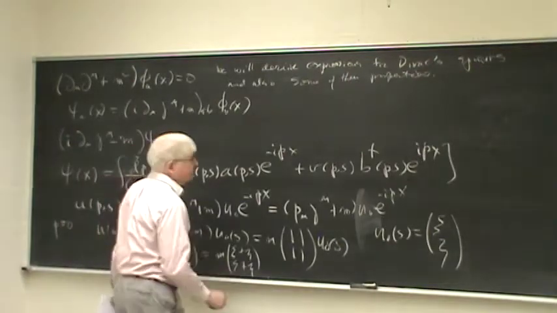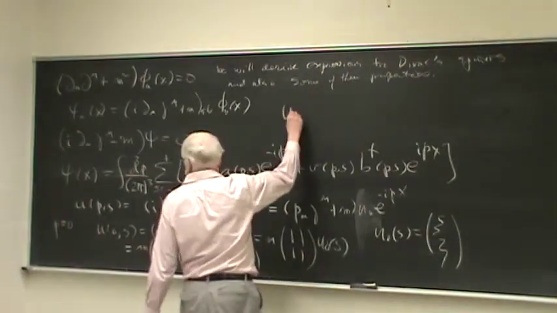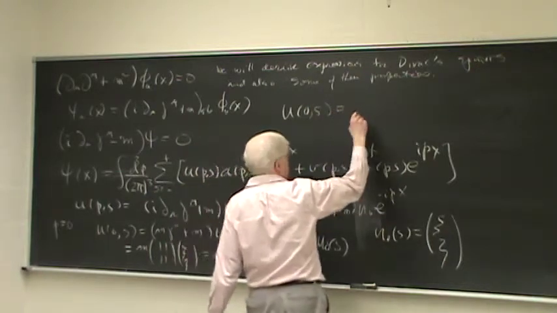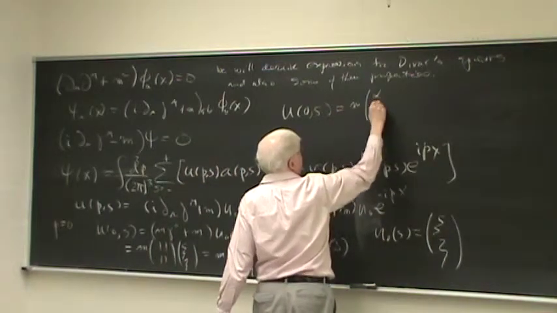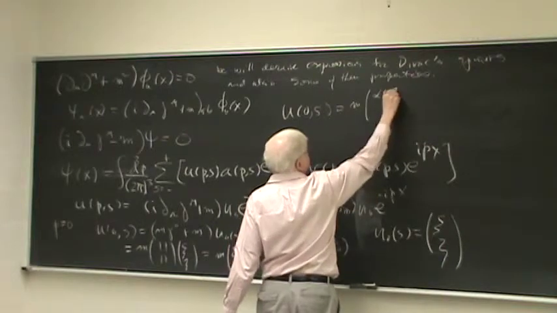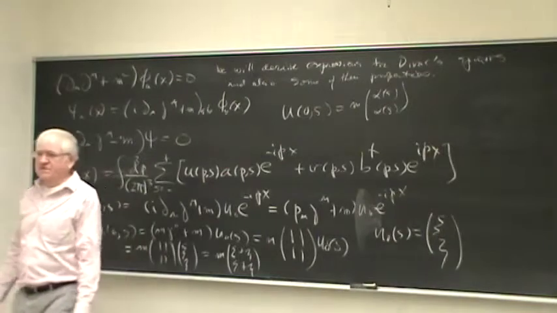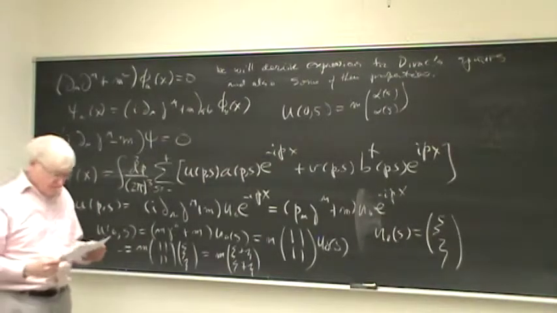Or equivalently, the zero momentum spinor is of the form m times some α(s) and some other α(s), but it has to have that form. It's some 2-spinor, another 2-spinor.